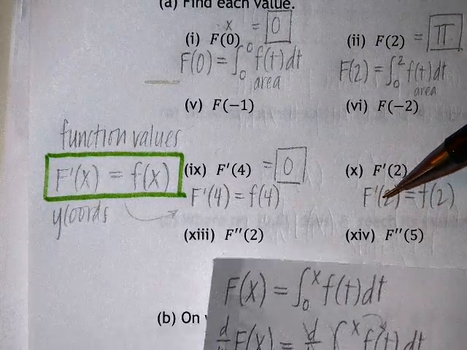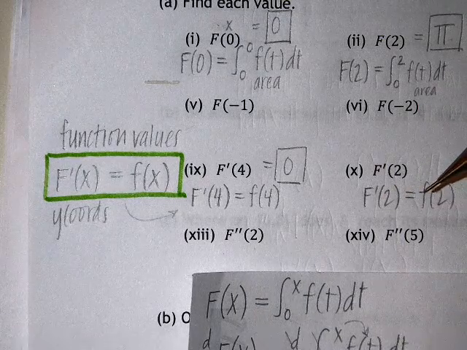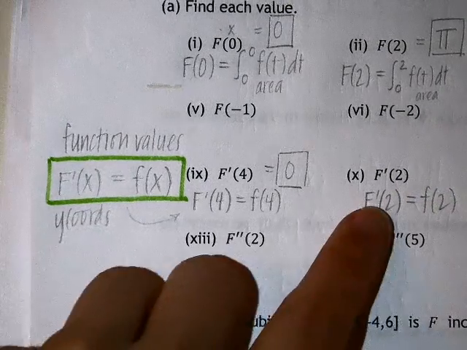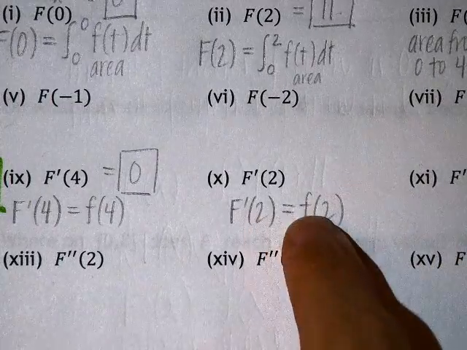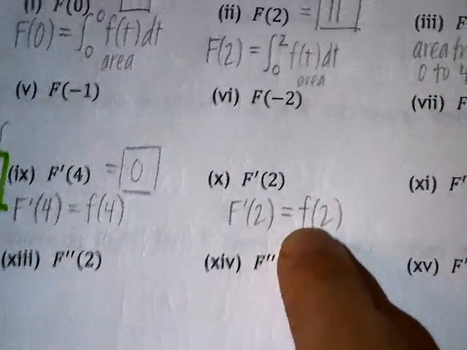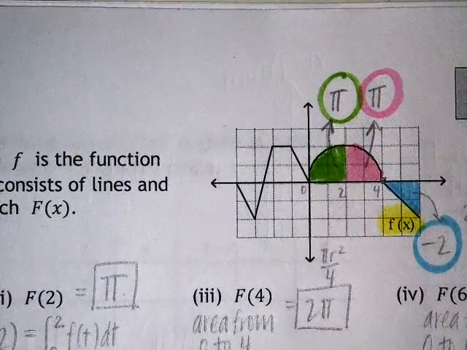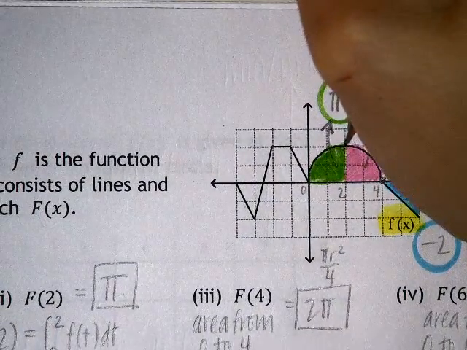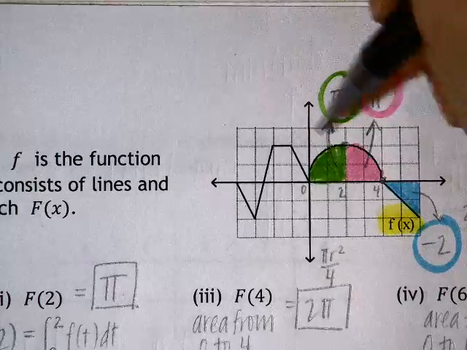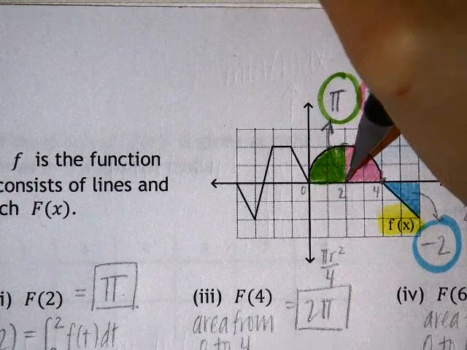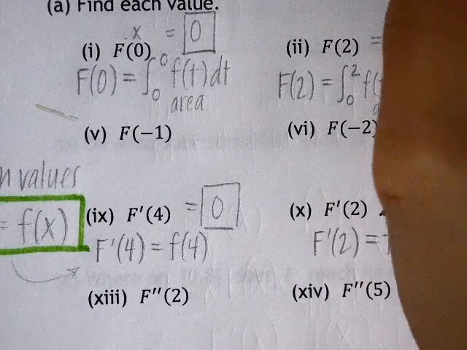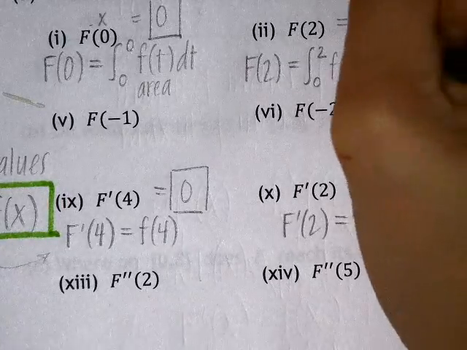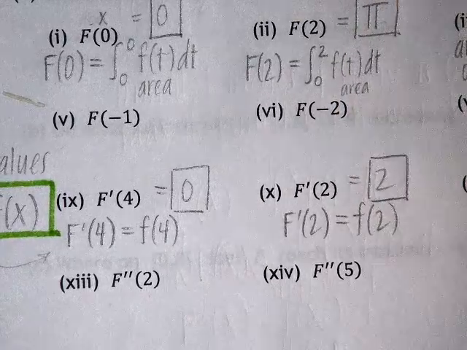Once we know that big F prime is the same as little f, just skip the whole derivation step and go straight to the function, because now I'm finding little f of 2, the function value at 2. I'm looking at the picture and finding the y-coordinate at that x value. So it looks like if I go to the x-coordinate 2, the y-coordinate at that point is 2, thus the function value is 2.